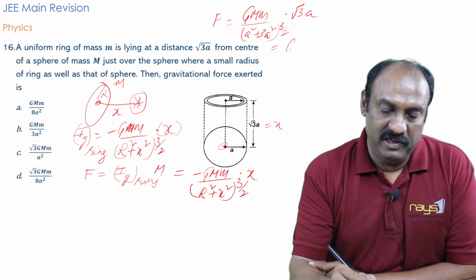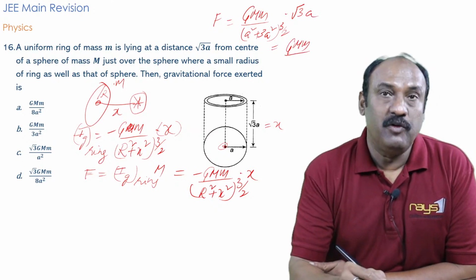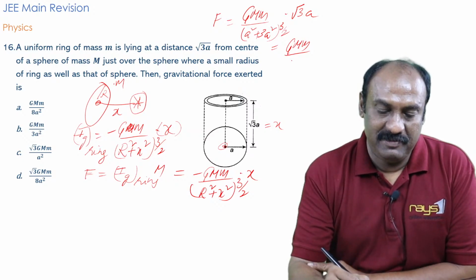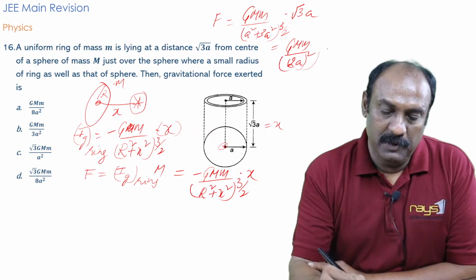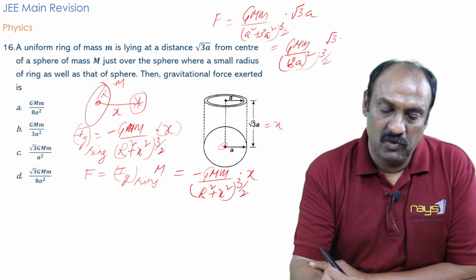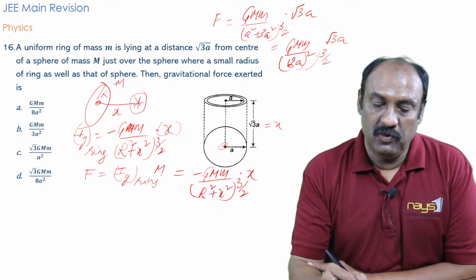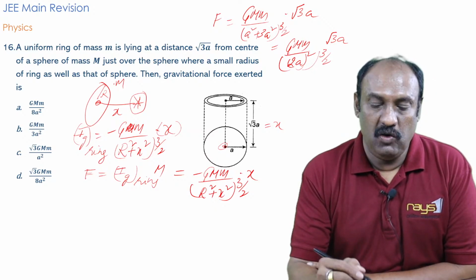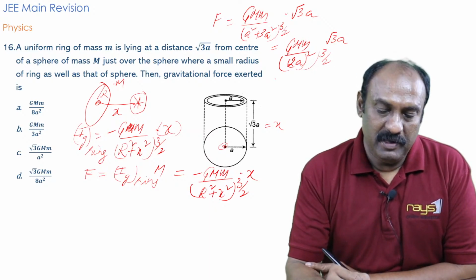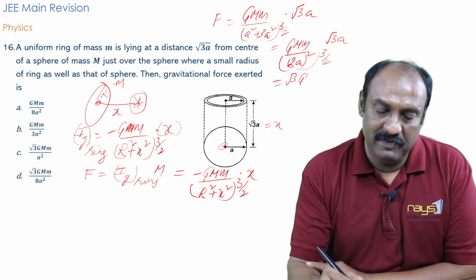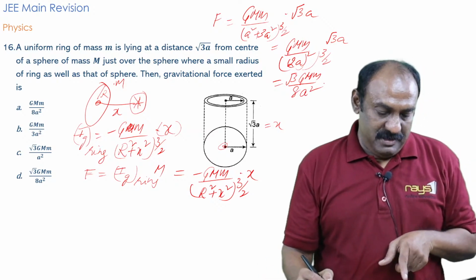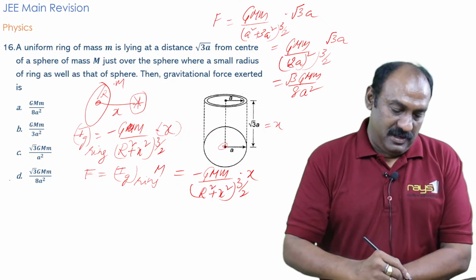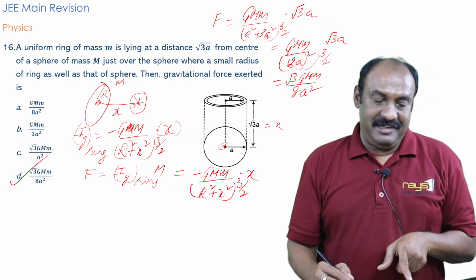That equals GMm by 4a square, and 4a square is (2a) whole square, whole to the power 3 by 2 into root 3a. So the 2 gets cancelled, 2a whole cube is 8a cubed. That is root 3 GMm by 8a square. So root 3 GMm by 8a square is the answer for question number 16. So the answer is D for question number 16.